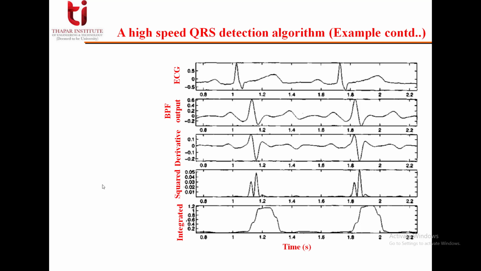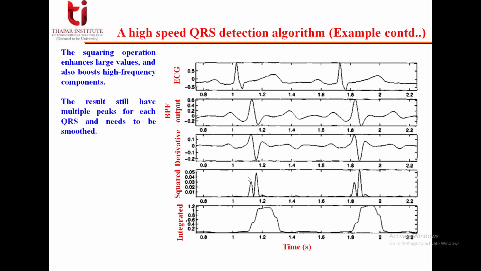Then we have the squared output, which enhances the large values and also boosts high frequency components like QRS complexes. And the result, if you see, still has multiple peaks. You can see here we have multiple peaks, so it needs smoothing, or we can say integration.